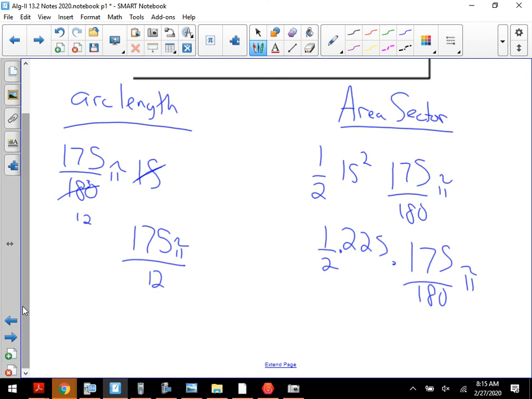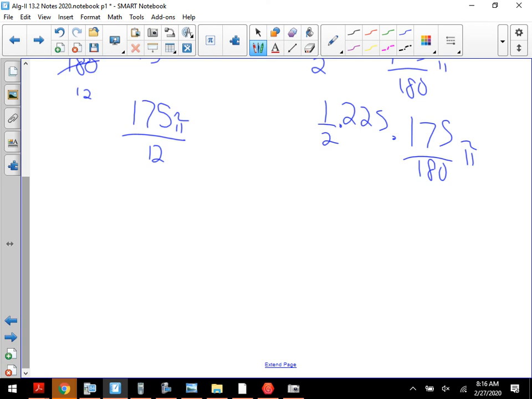Yeah. This one here really looks like the only thing I'm going to be able to simplify is some of the 5s. 175 and 180, they're both divisible by 5. So 5 goes into 175 35 times, and into 180, 36.